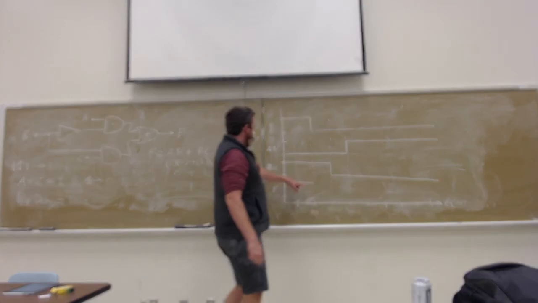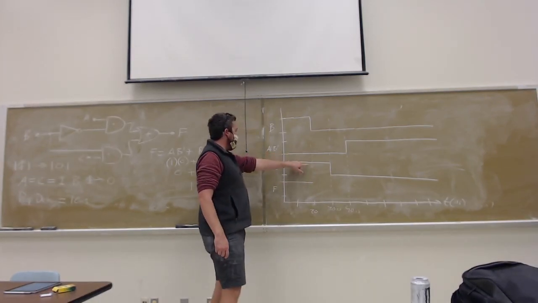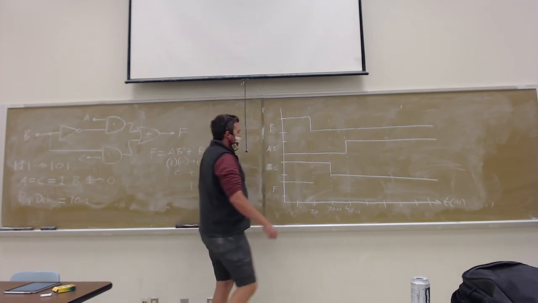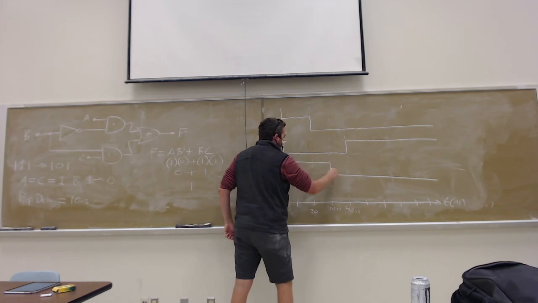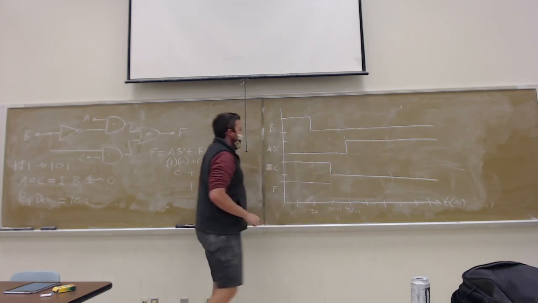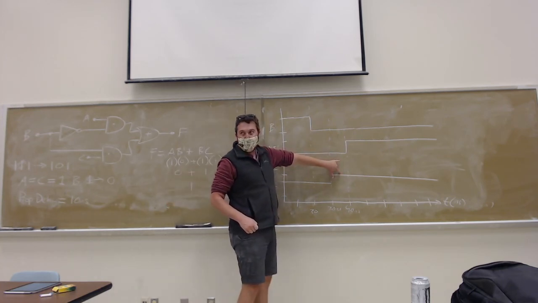Okay, so at this point right here, where are we at? A, B prime is equal to 0, but BC is equal to 1, right? So we have 0 or 1. But it's not until this point right here where BC transitions to 0 that here we're going to get 0 or 0, right?